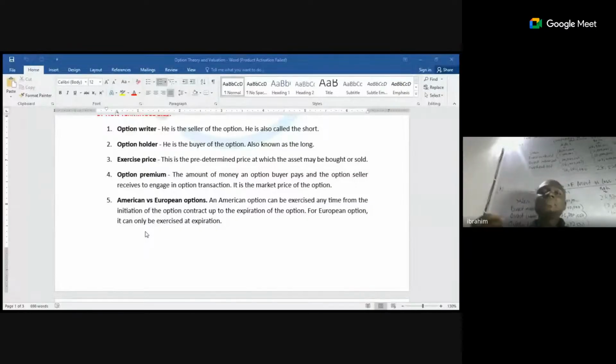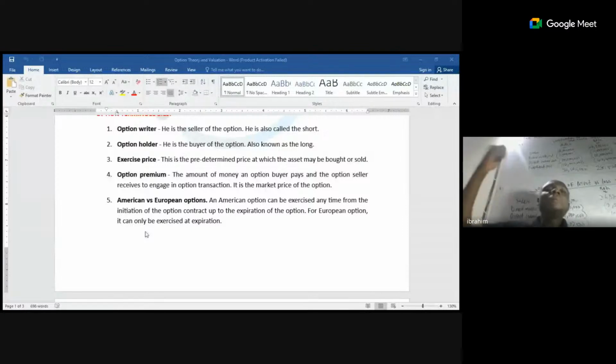what if the market price has increased to 500 naira, and he bought it at 100 naira in January or in September? Then in December, the price has increased to 500. Mr. Peter can decide to exercise his right to sell that option.